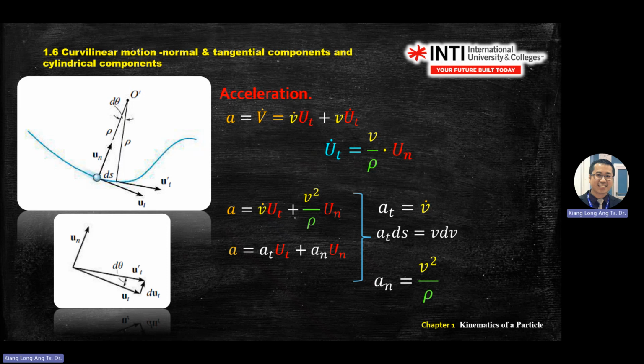What velocity do we use? Again, we only focus on the tangent velocity, V_t. In summary, the most important thing when you see a curve question is V_t, the velocity in the tangent direction. Once you have that, you can solve the question. You see curvilinear motion.